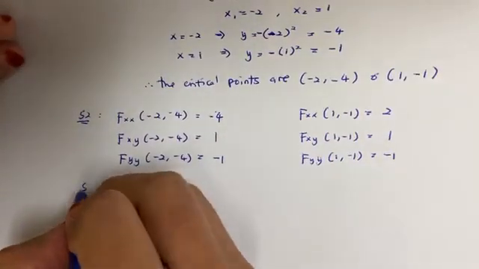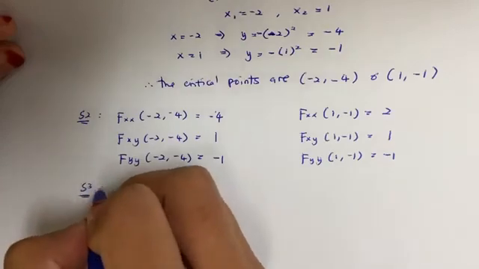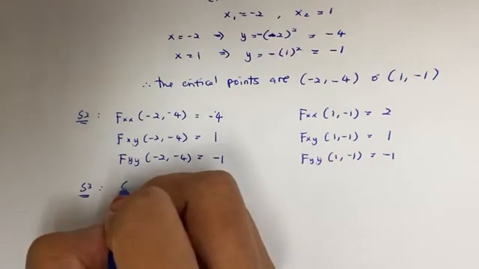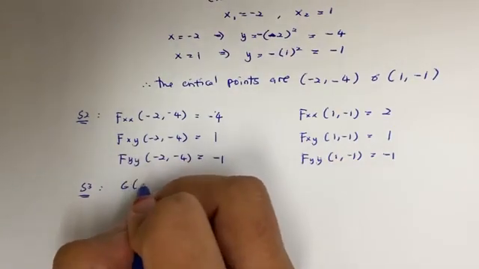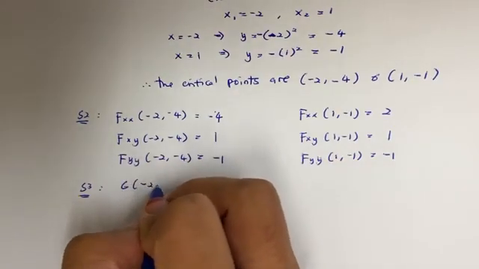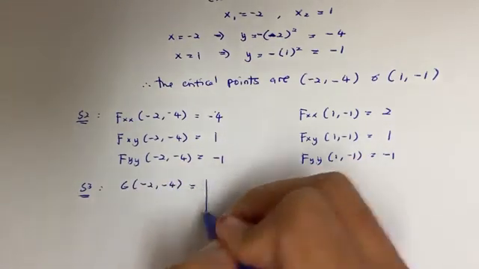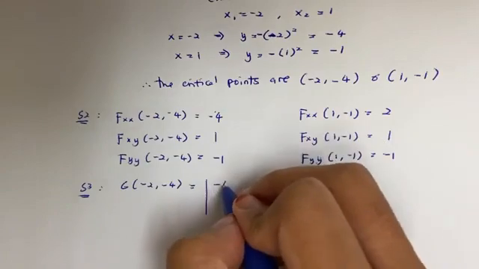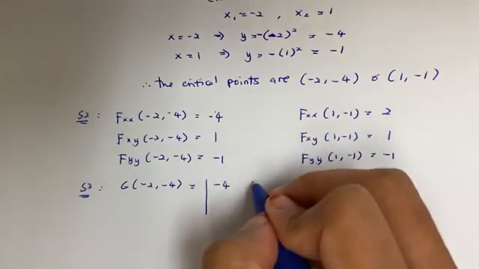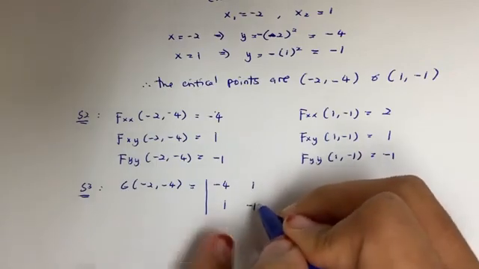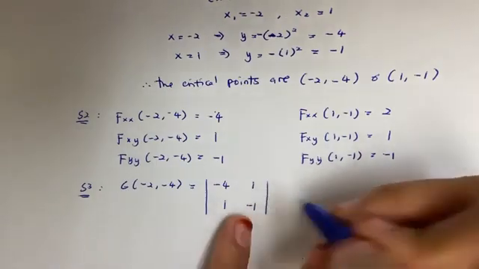The third step, you need to find the g. Find the g for the first point, negative 2, negative 4. We substitute: here we have negative 4, we have 1 over here and 1 over here, and fyy here.